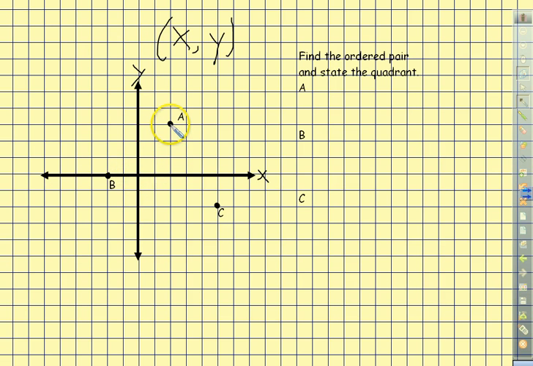Okay, so now we're looking for point A, so we've got to get to that point by moving to the right 1, 2 times. So it's going to be a 2, and then positive 1, 2, 3, because we're moving up. So there's 3. So 2, 3 is my answer, and then that is quadrant 1. Okay? Now, some of you say, well, I went up first and then over.